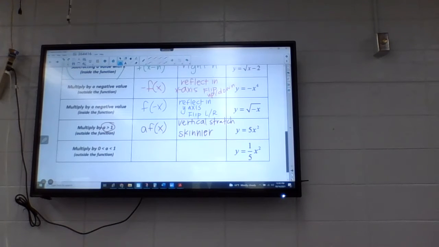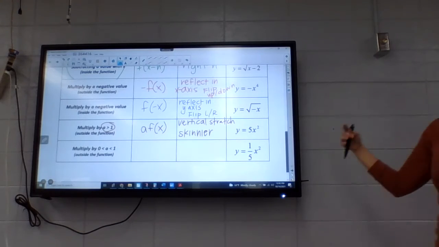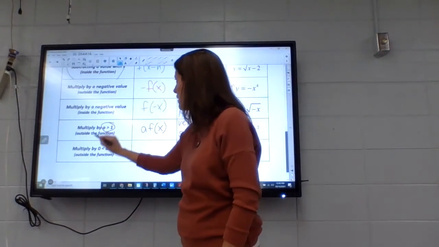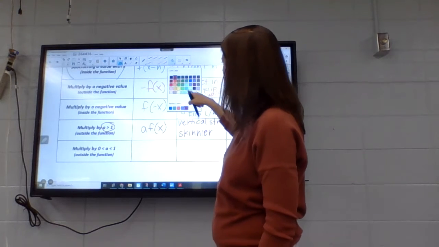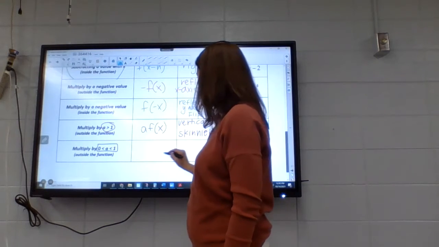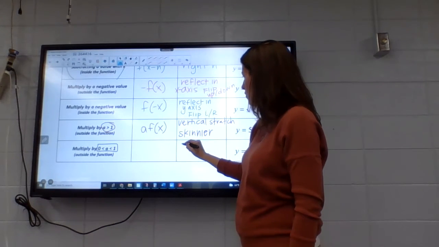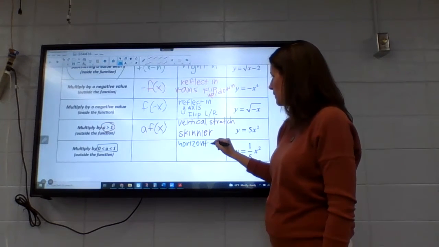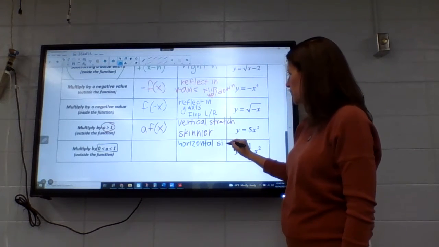Instead of getting bigger faster, it's getting bigger less quickly. So when A is in between 0 and 1, then it's a horizontal stretch. So it gets wider.